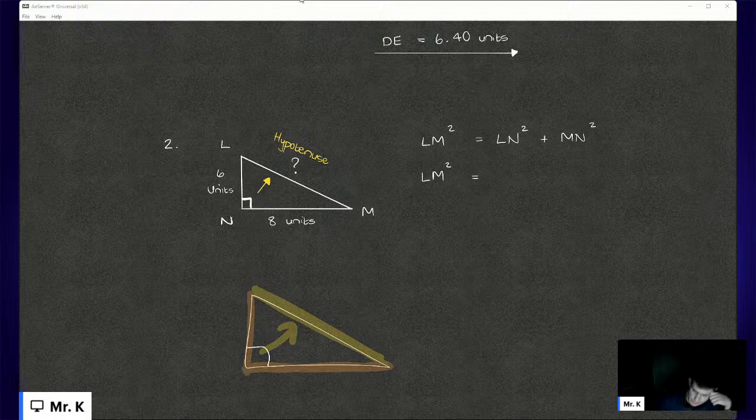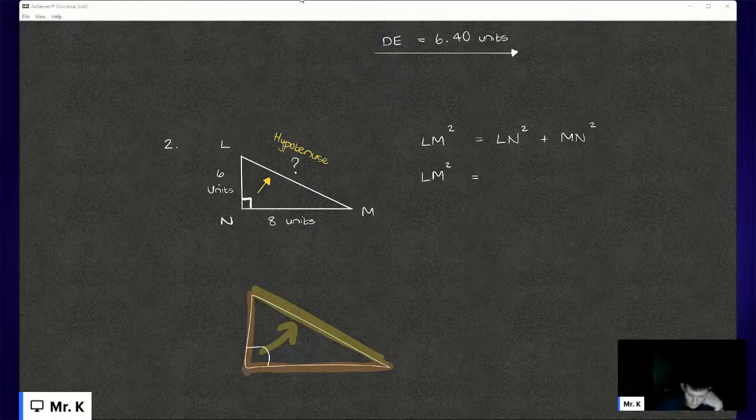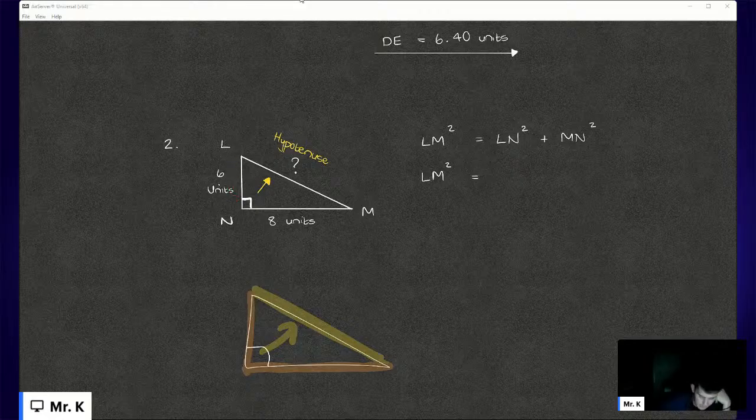So looking at example number 2, triangle LMN, we know that side LN on the left over here, the height of the triangle, is 6 units, so we can square that. And we know that the base side MN is 8 units, which we can also square.